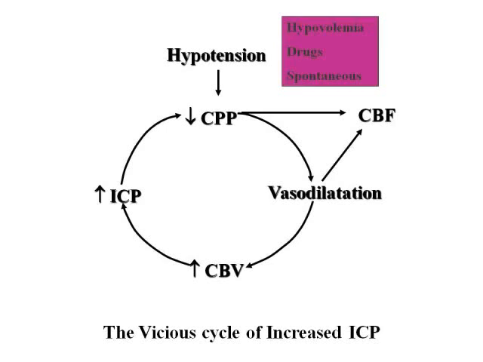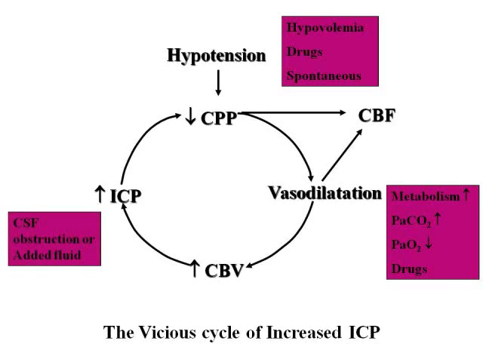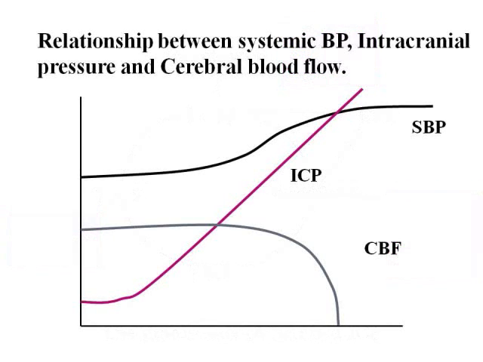And these are parameters that can increase hypotension. Causes of vasodilatation: increased PaCO2, decreased PO2, and certain drugs. In head injury you can also get obstruction to CSF from hematoma or from cerebral edema, and that leads to decreased cerebral perfusion pressure.